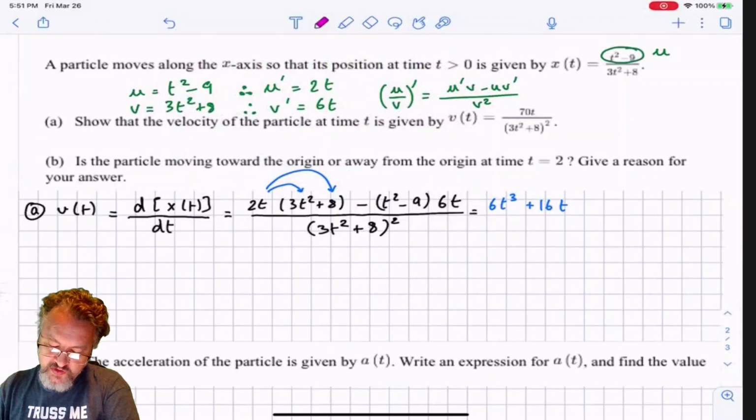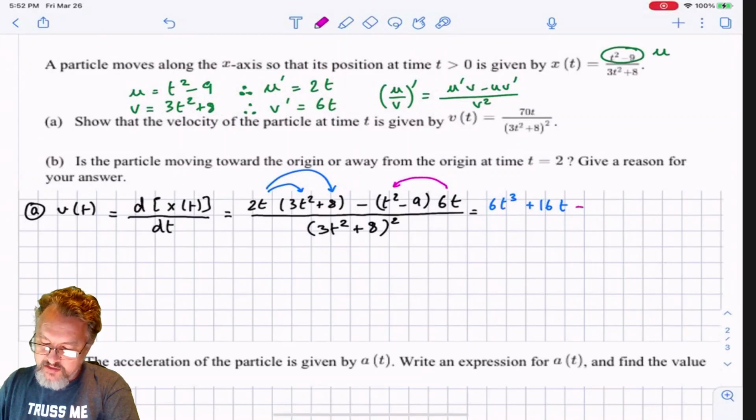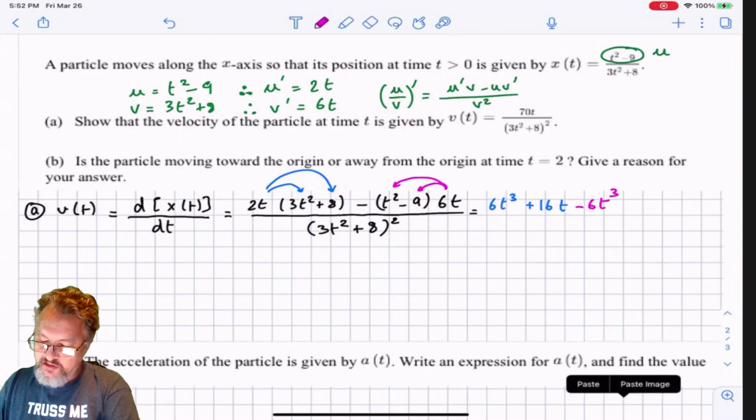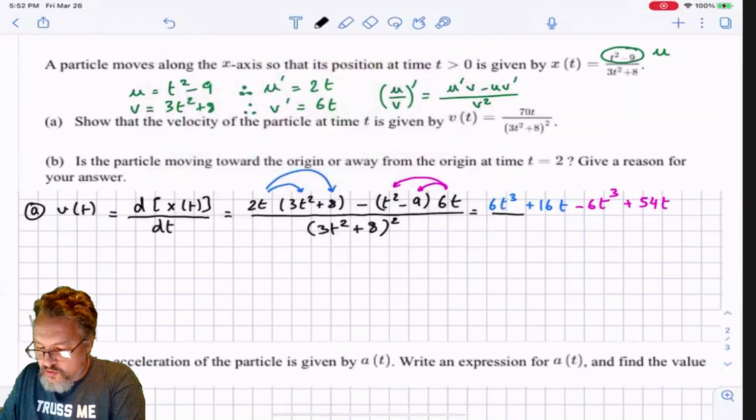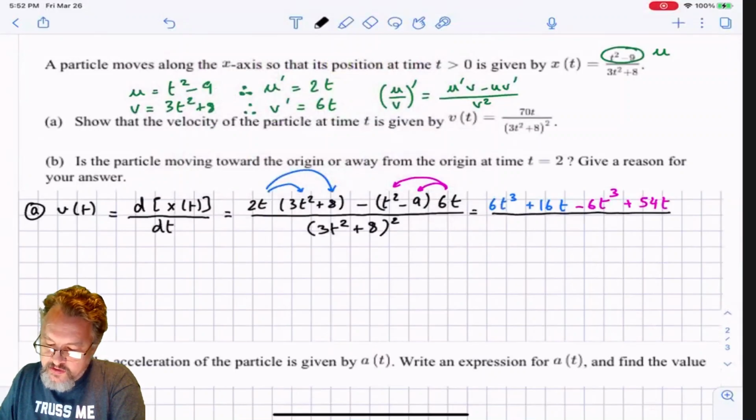So you're going to have 6t times t squared is 6t cubed, with the minus 6t cubed. And 6t times negative 9 is negative 54t, with the minus, plus 54t, all over 3t squared plus 8 quantity squared.